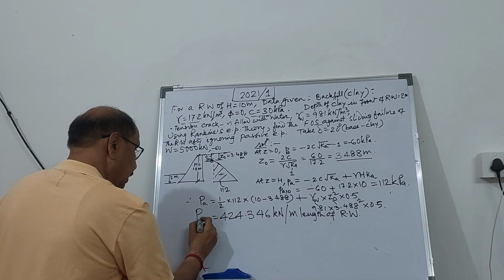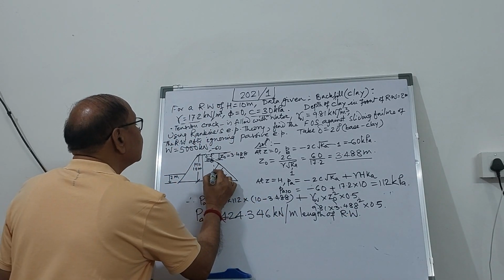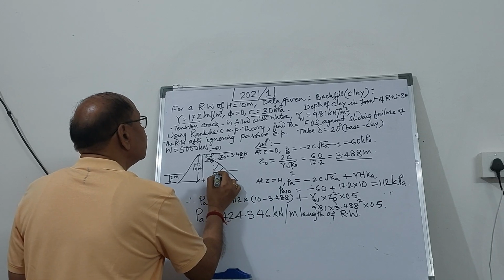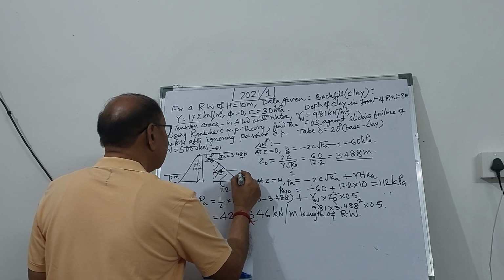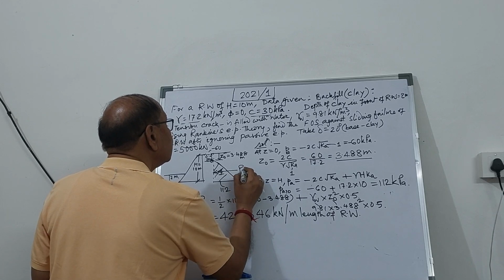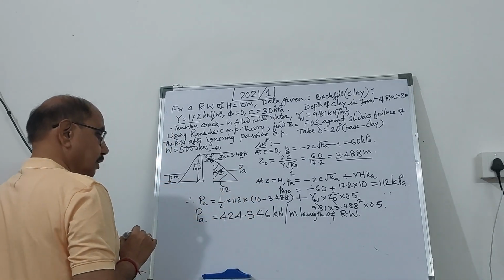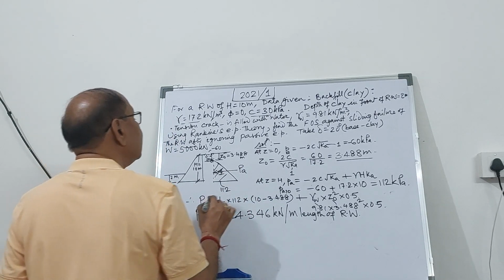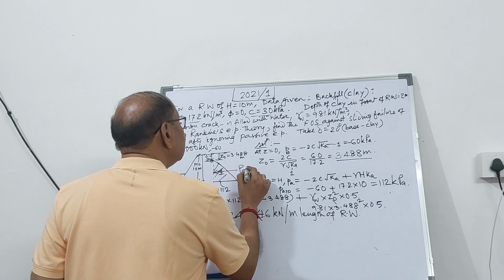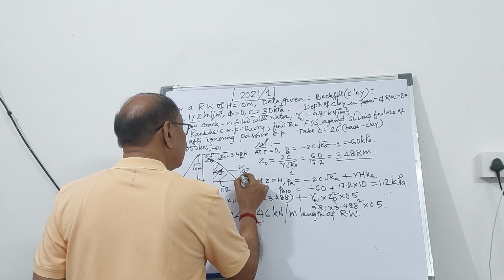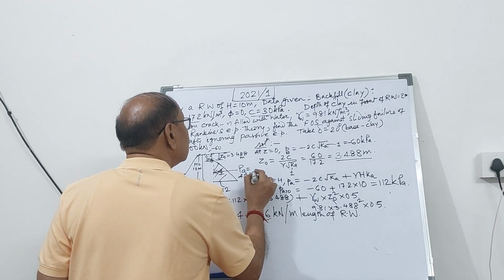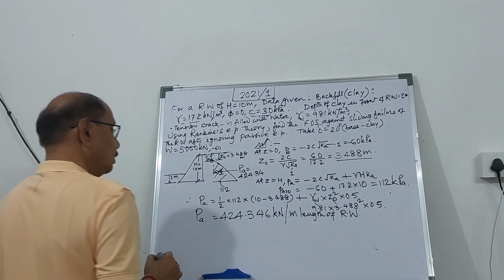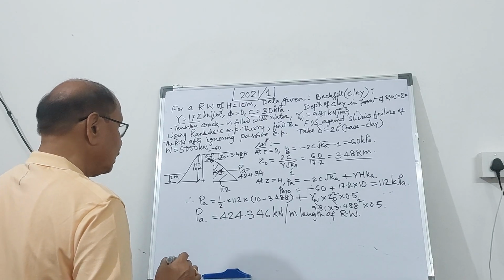So this is the net value of PA. So PA, which is acting over the wall, equals 424.34. So this is known to us.